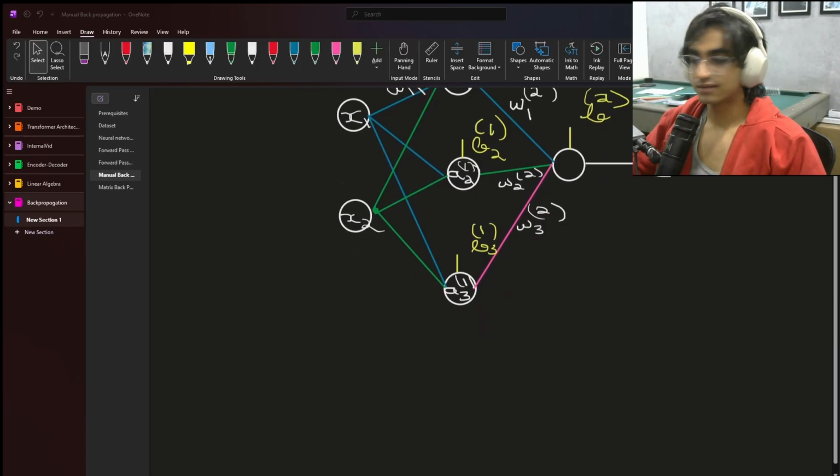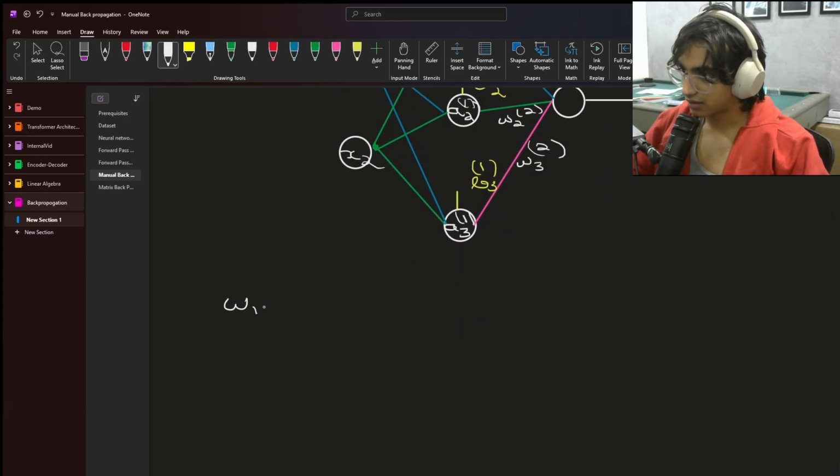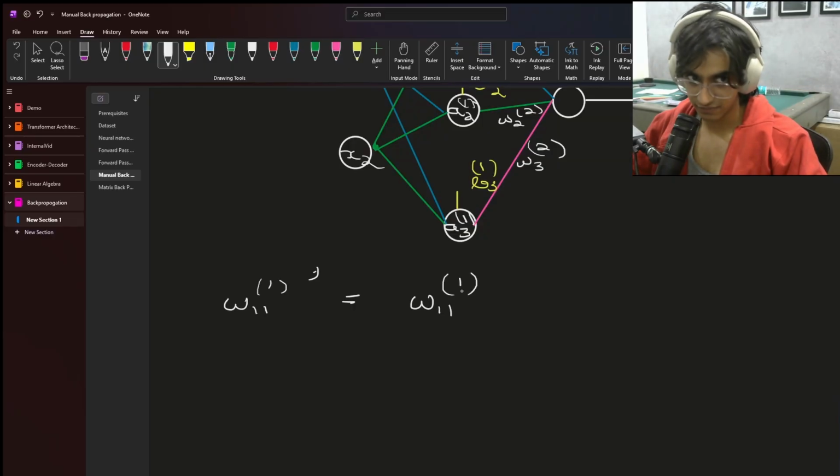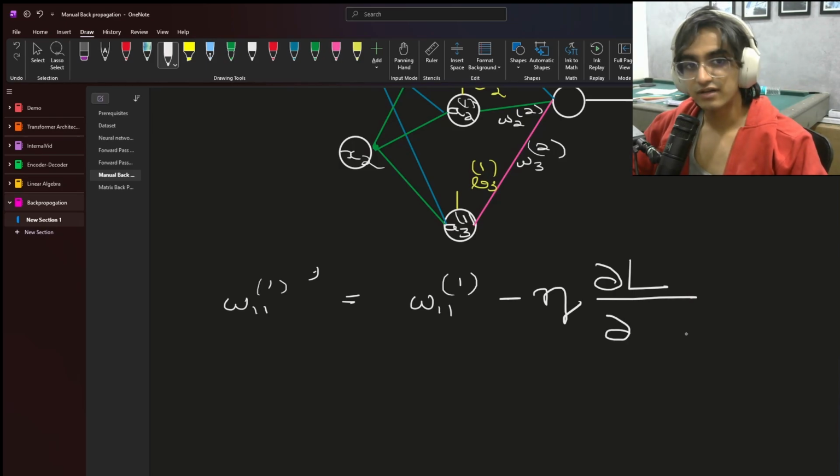So essentially, the new value, for W11, let's call it W11 dash, is essentially just your W11, the current value, minus your learning rate, this is eta, multiplied by your partial derivative of your loss function with respect to this particular weight.